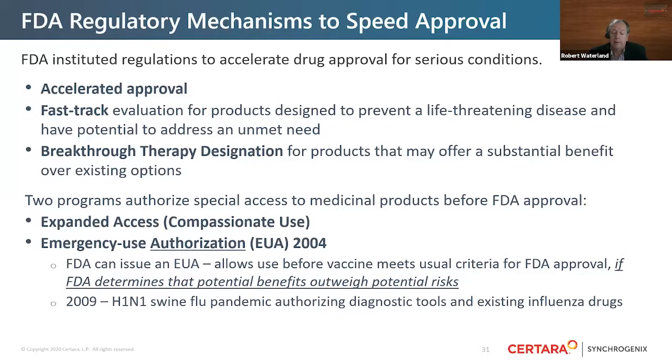There's a presidential declaration of a public health emergency, and after that, FDA can allow use of a product, including a vaccine, before it has been demonstrated that they meet the usual FDA approval criteria. So emergency use authorization was available to FDA after 2004, extremely sparingly used until the COVID pandemic.